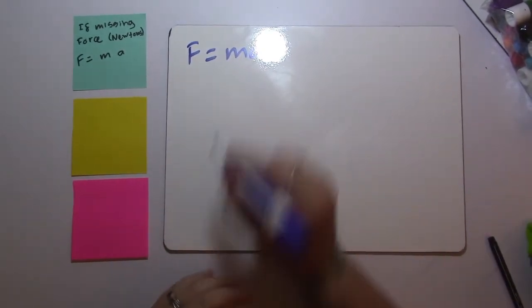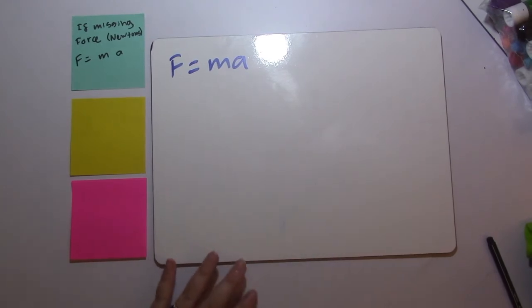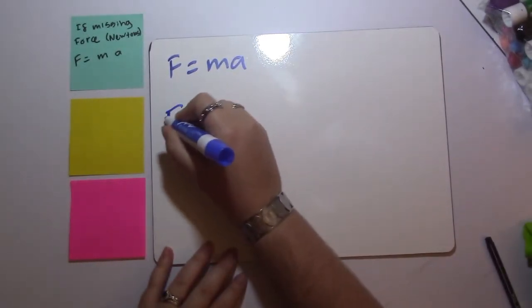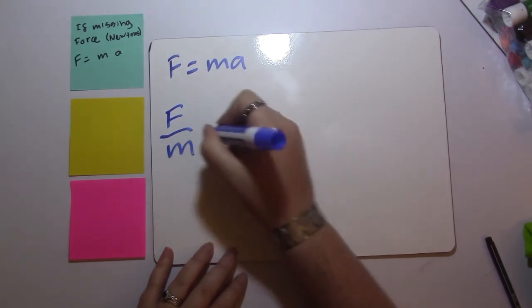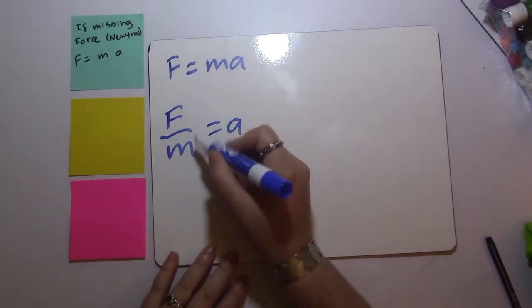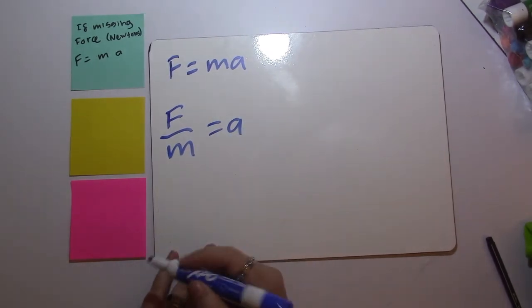So we know that F equals ma is our base equation, but we can actually alter the equation for what we need. So if we do force divided by mass equals acceleration, then acceleration is by itself on one side of the equation anyway. Then you can plug in your values the same way you would in our normal base equation to figure it out.